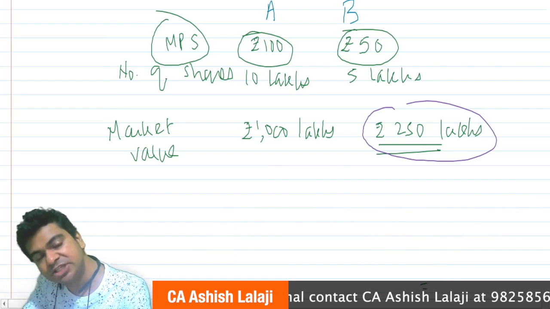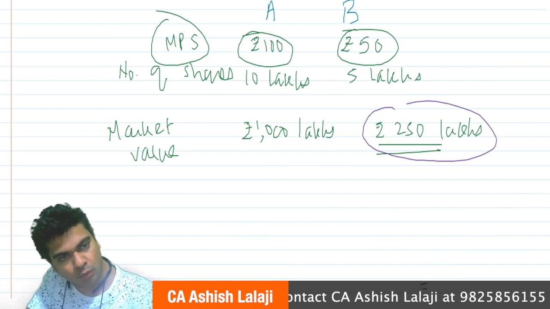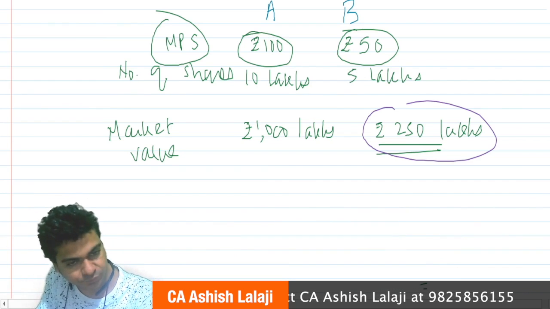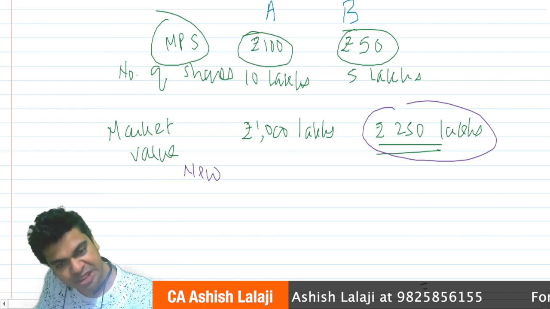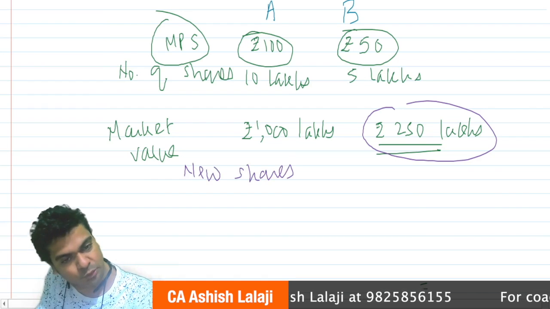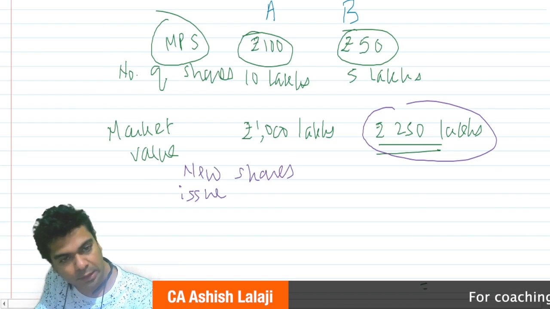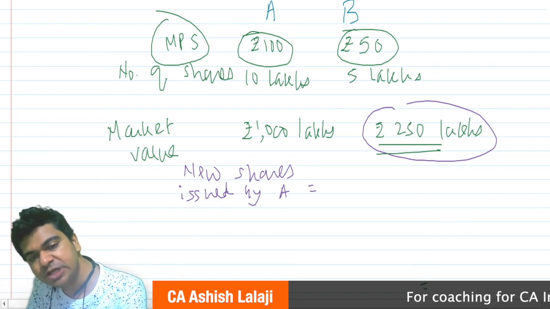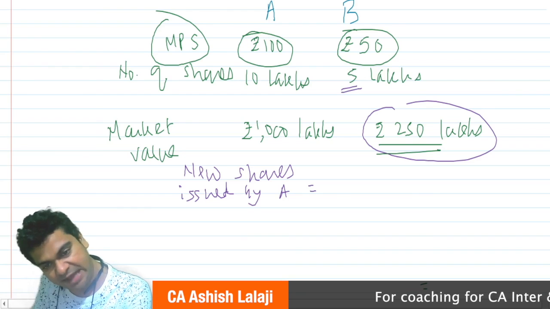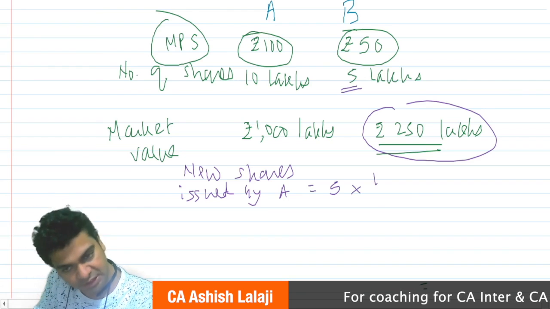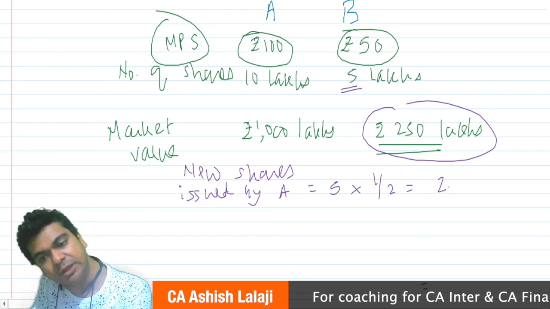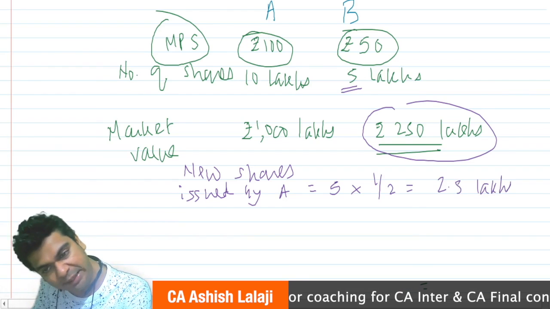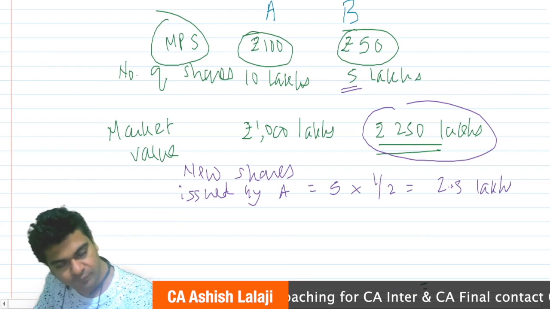We go for a share exchange ratio of 1:2. The new shares issued by A: the number of shares in the selling company is 5 lakhs. I multiply that with the share exchange ratio, so the new shares issued will turn out to be 2.5 lakhs.